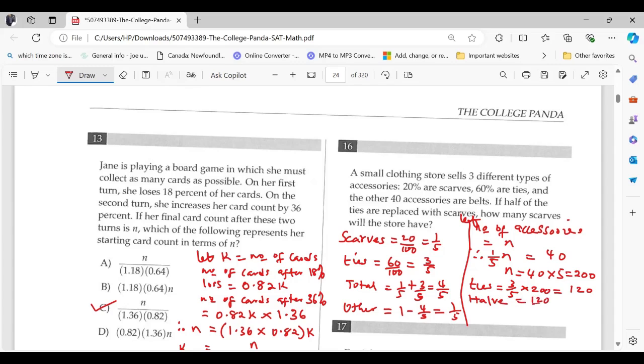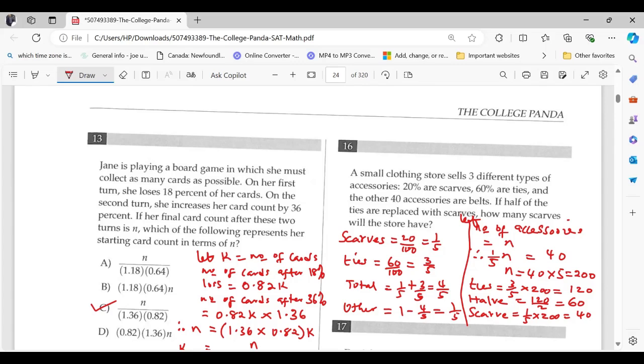That's 120 over 2, which is 60. I replace with scarves. You say if half of ties are replaced with scarves, how many scarves will we have? So scarf, let's look at scarf. Scarf is going to be 1 over 5 of 200, then that is 40.